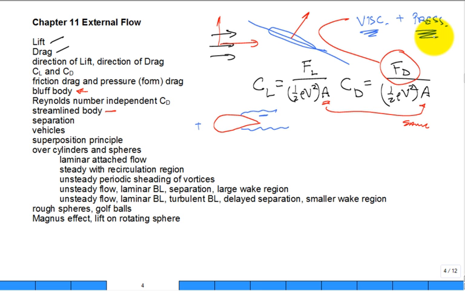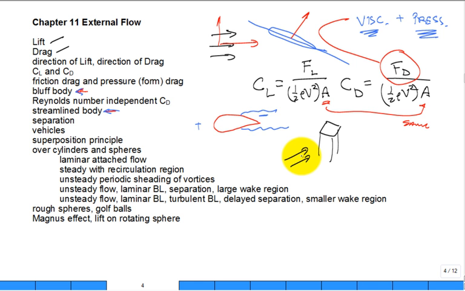Okay, so bluff bodies, typically you don't have the option of streamlining, or it's not streamlined, and you have a large wake region. Okay, let's say I have a tall building, and usually buildings are something like rectangular, and you have flow, it's an 80-story tall building.